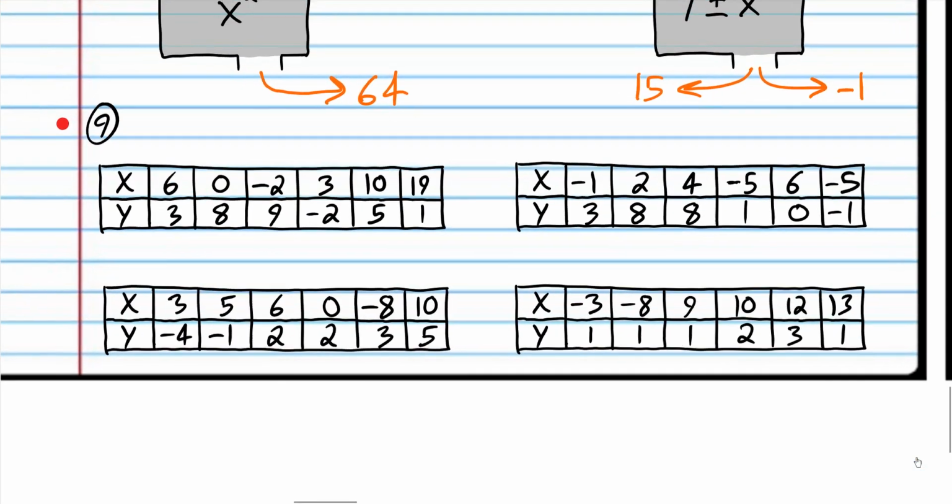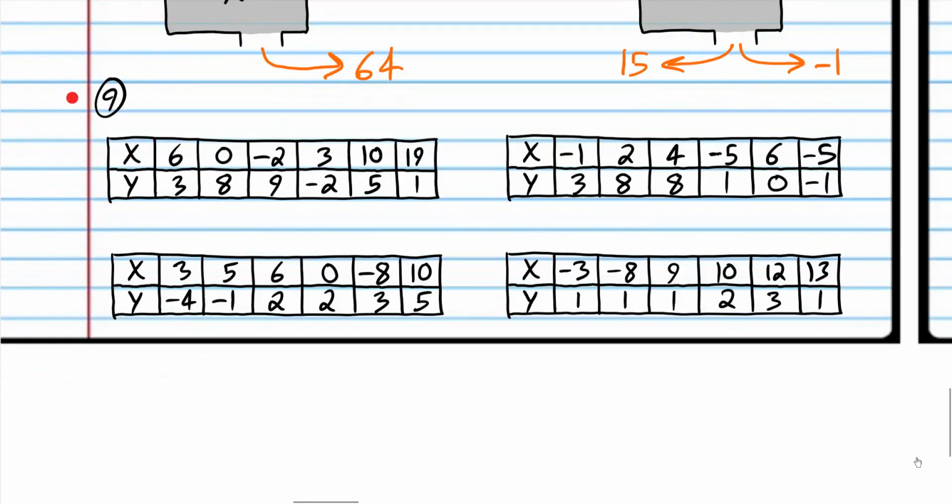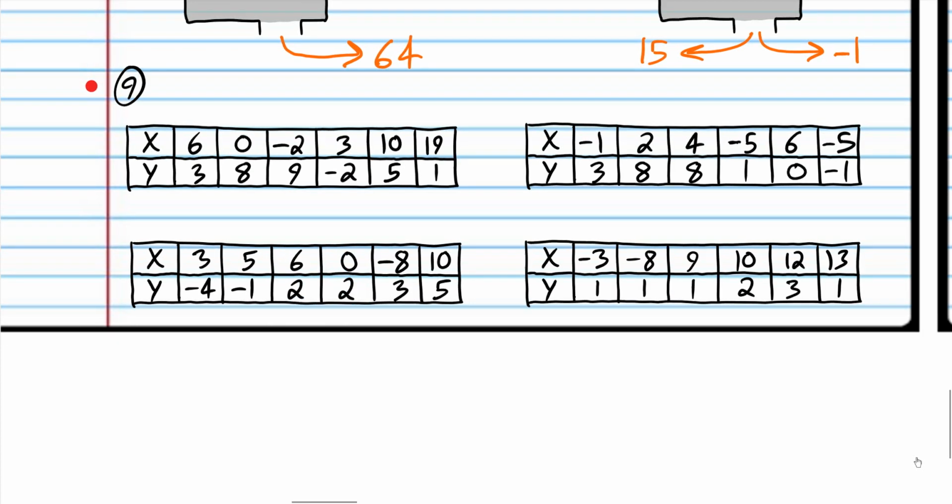Let's demonstrate with some tables. Notice here that we can plug in 6 or 0 and we get the same outputs. So there's a number repeated in the Y row. The number that's repeated is 2, but that's okay. Numbers cannot be repeated in the X row because then the table cannot represent a function.